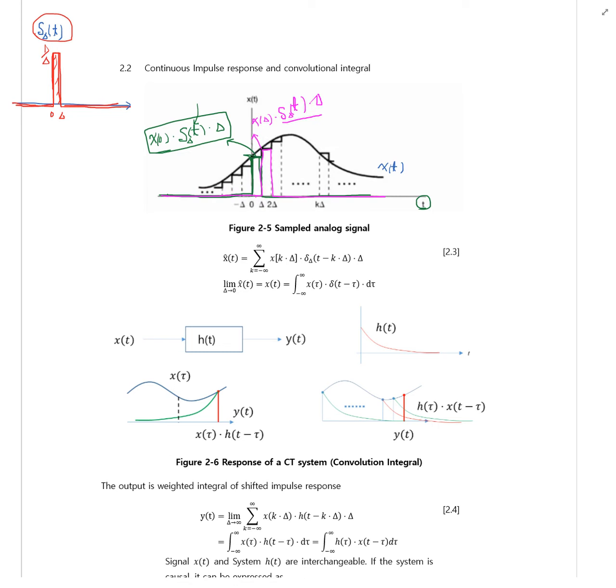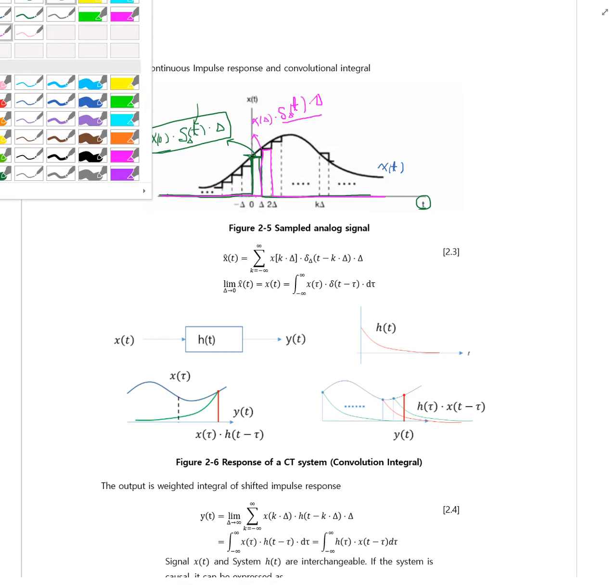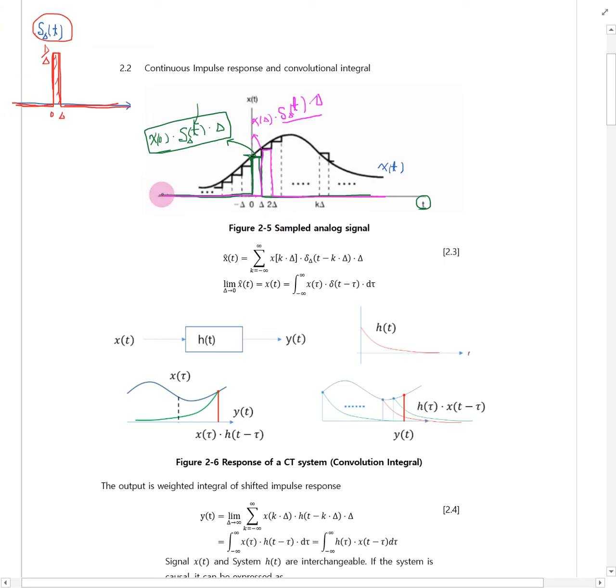And let's consider one more. Then let's see this impulse. This time function can be expressed as x(k delta) times the impulse function times delta.